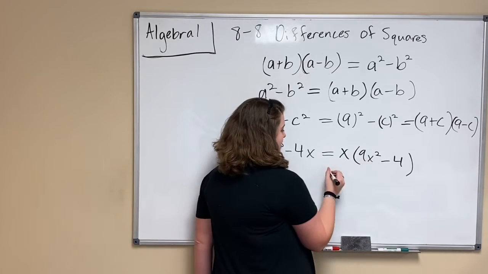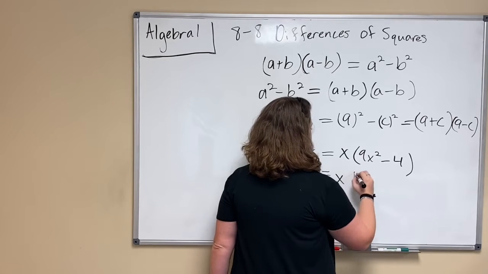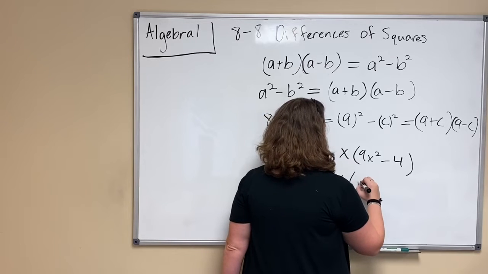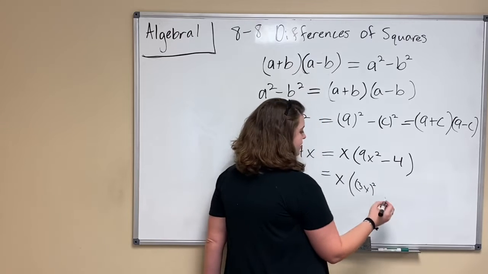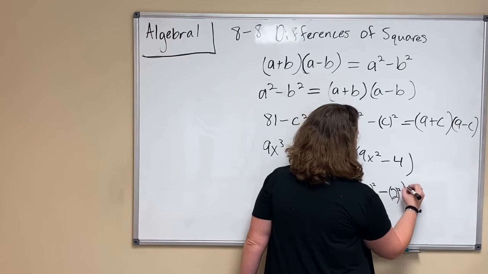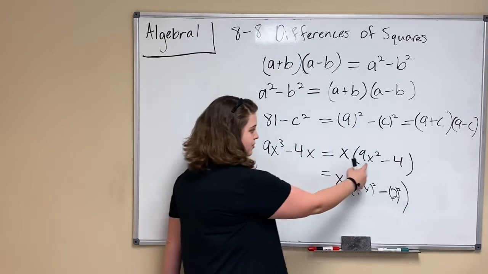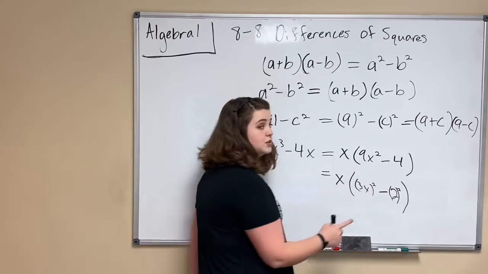So I can take this and I can rewrite it as x times 3x squared minus 2 squared, because the square root of 9x squared is going to be 3x, and the square root of 4 is going to be 2.